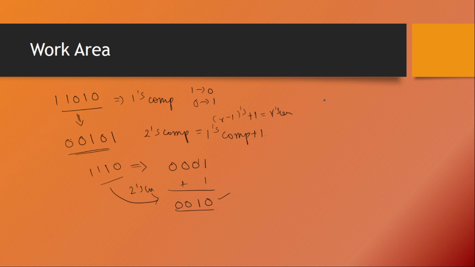Let's try to solve another example, but this time we will try to have a fractional number with it. So let's say we have 237.86 and they want us to find the 10's complement of this number. So what we do, we find 9's complement first, then we add 1 along with it.